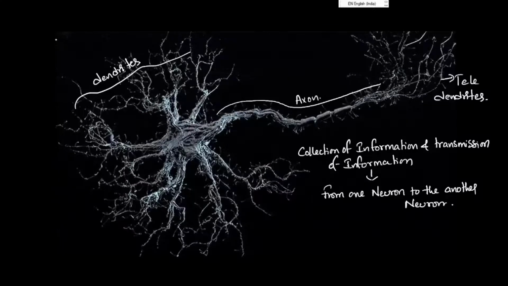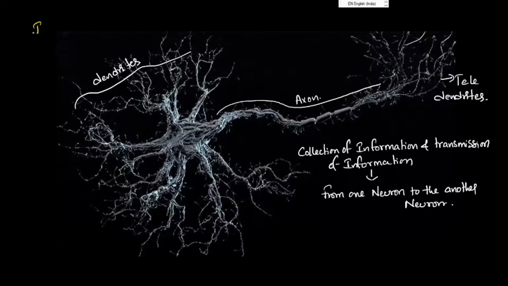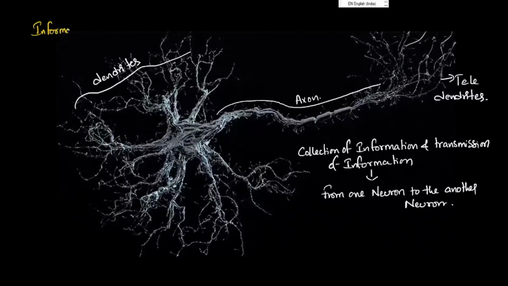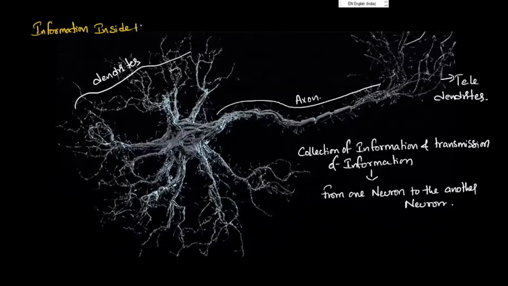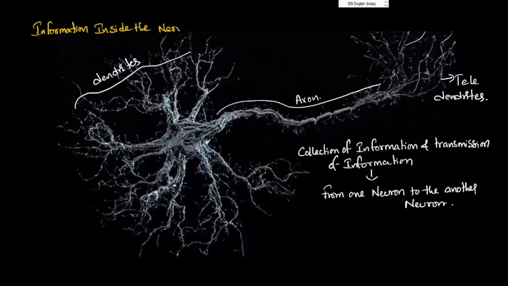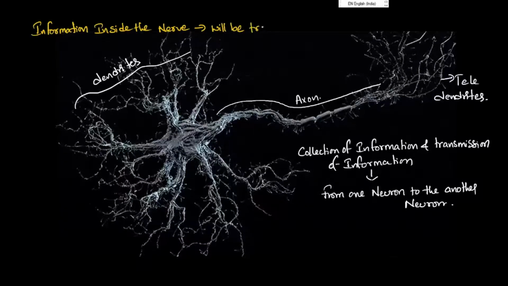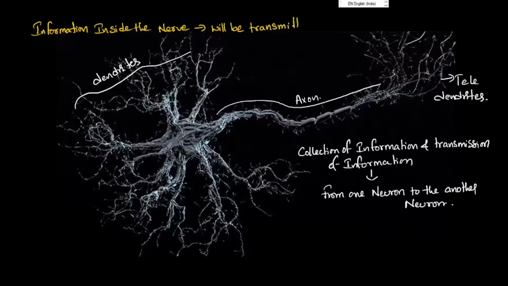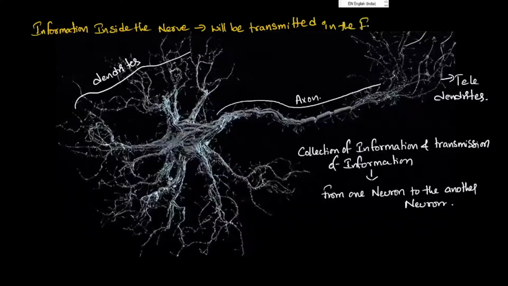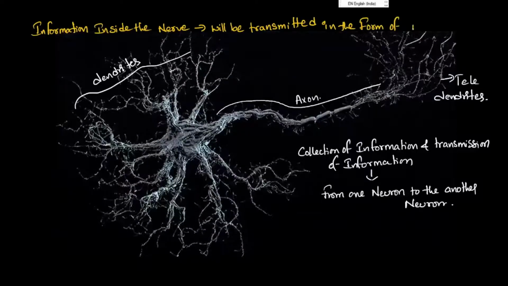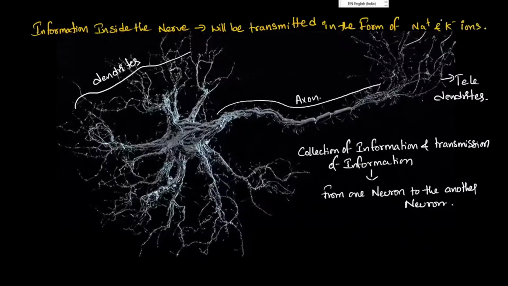Information inside the nerve will be transmitted in the form of sodium as well as potassium ions.